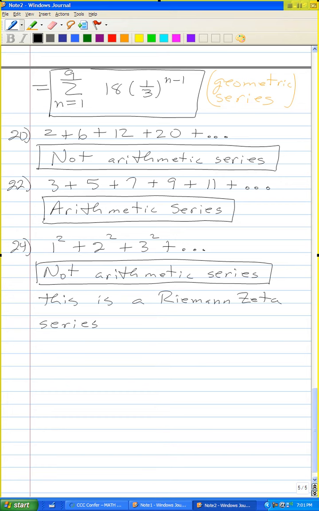There's something related to it called the Riemann hypothesis, which states that if you find the zeros of this, they must all lie along the line in the complex plane with real part equaling negative one half.